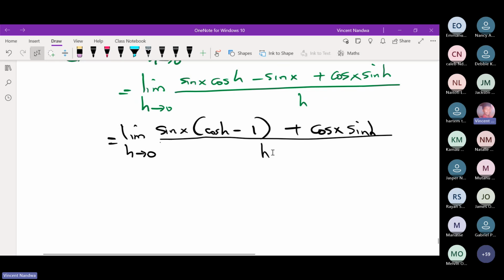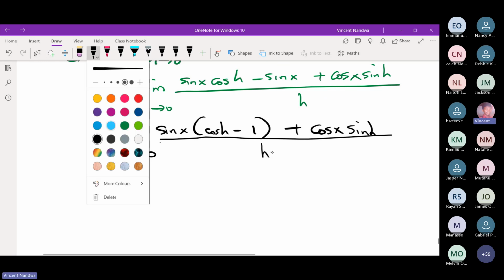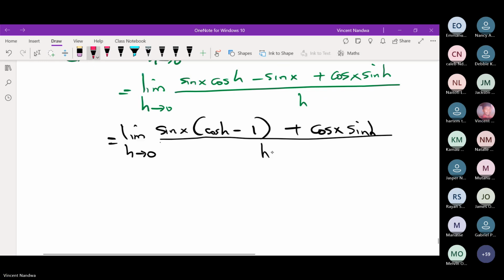Then, if you remember your primary work, if I have this fraction a plus b divided by c, it can also be written as a over c plus b over c. So I want us to apply the same to this difference quotient: the part with sine x we divide by h, and the part with cos x divided by h.